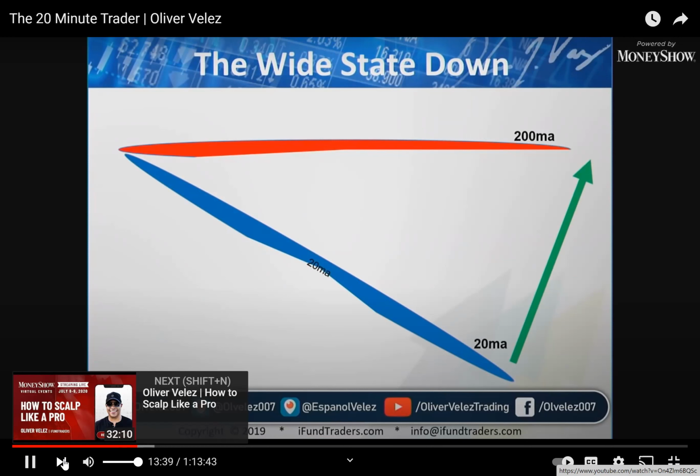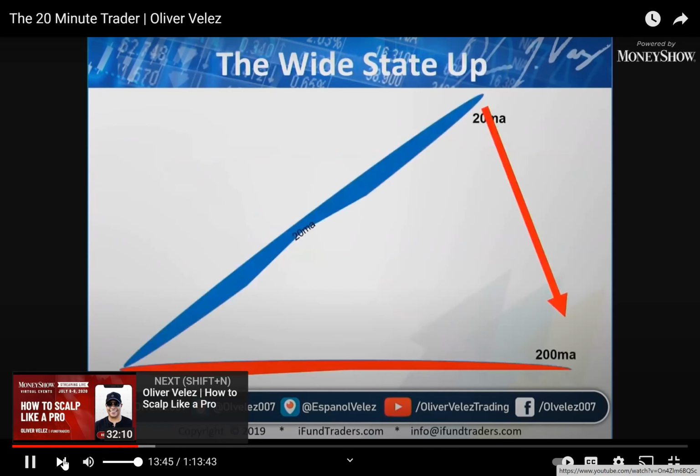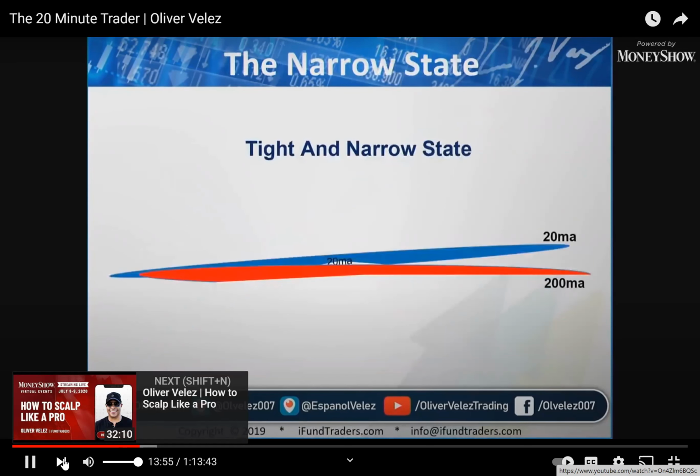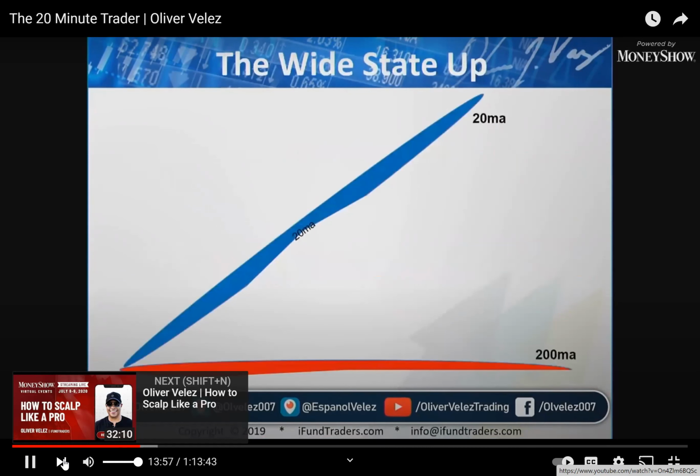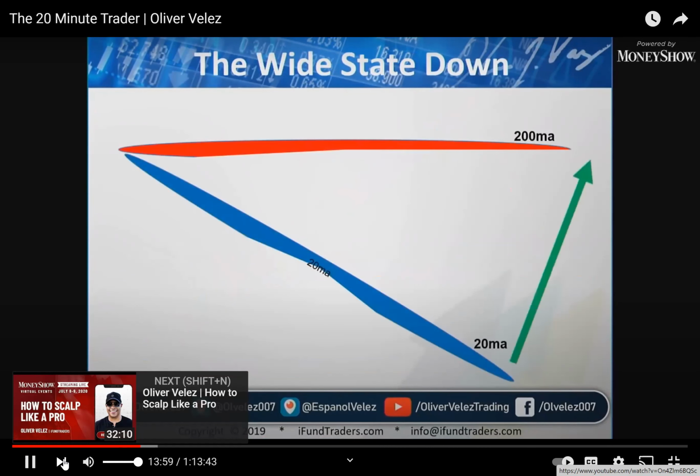Buying after a wide state, or during the reverse. So get the state right, and 85% of your problems in trading are gone.